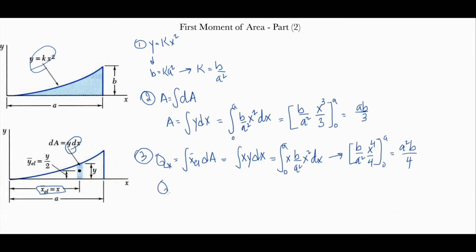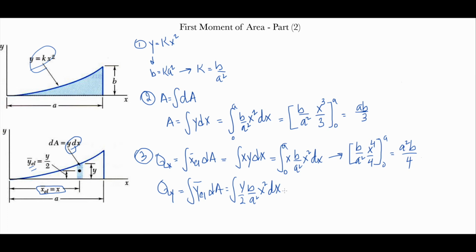Doing the same for y, because to find the centroid we need both x and y coordinates, it's the integration of y bar dA, where y bar is y over 2. Replacing both, it will be y over 2 times b over a squared x squared dx.